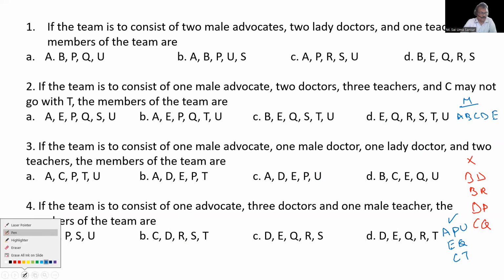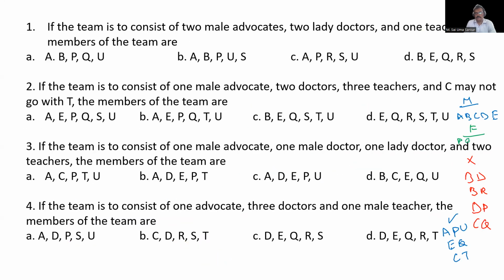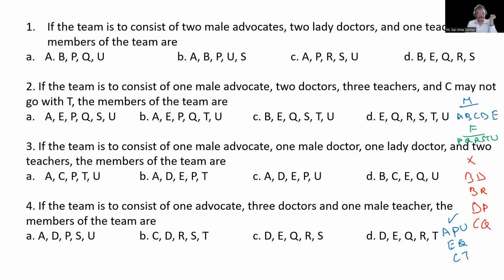P, Q, R, S, T, U. This is the condition, along with advocates, doctors, and teachers. So this is the data.